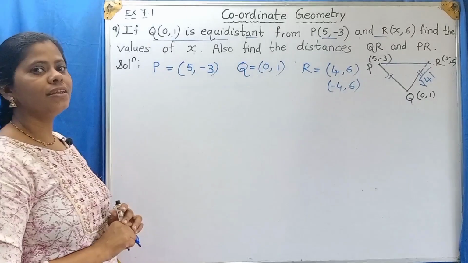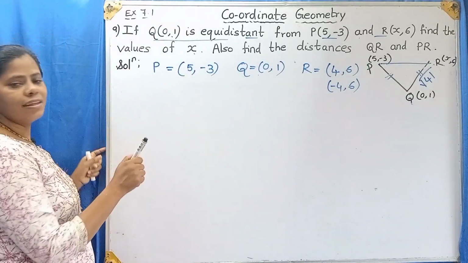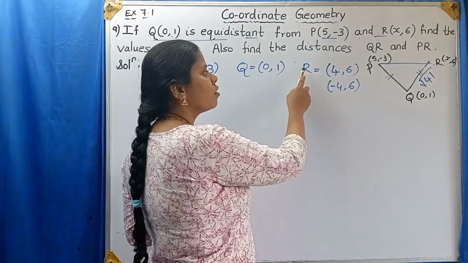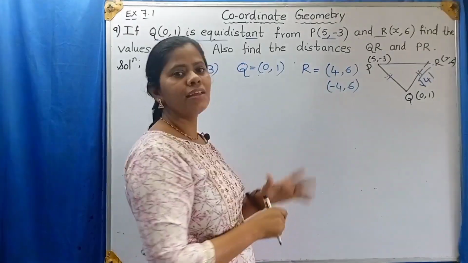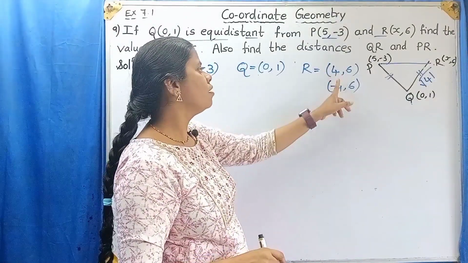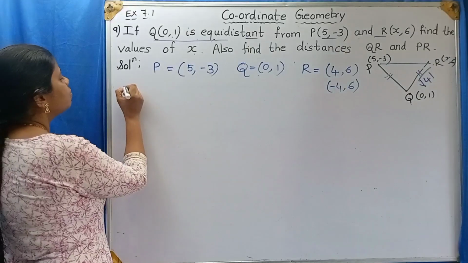Now let us find out the distance between the points P, R. In this also we will come across two cases, because for the point R, there is a possibility of two coordinates, that is 4 and minus 4. So first let us find out the distance between P, R.